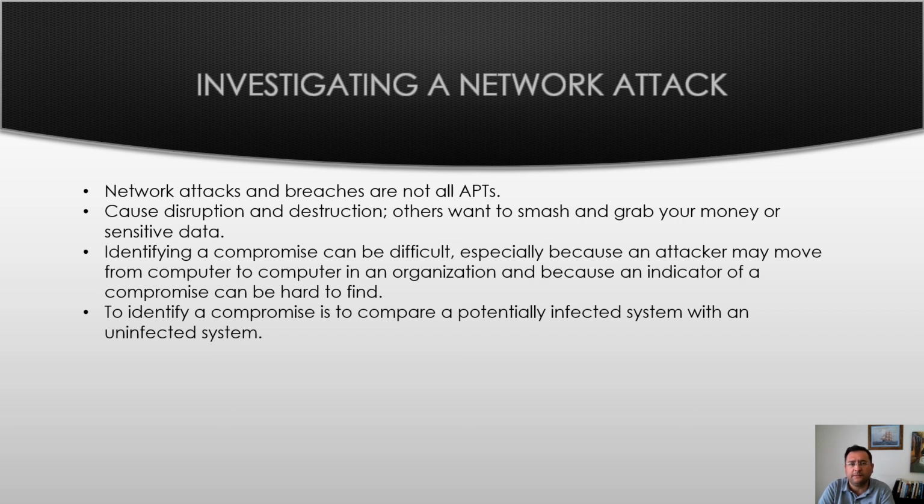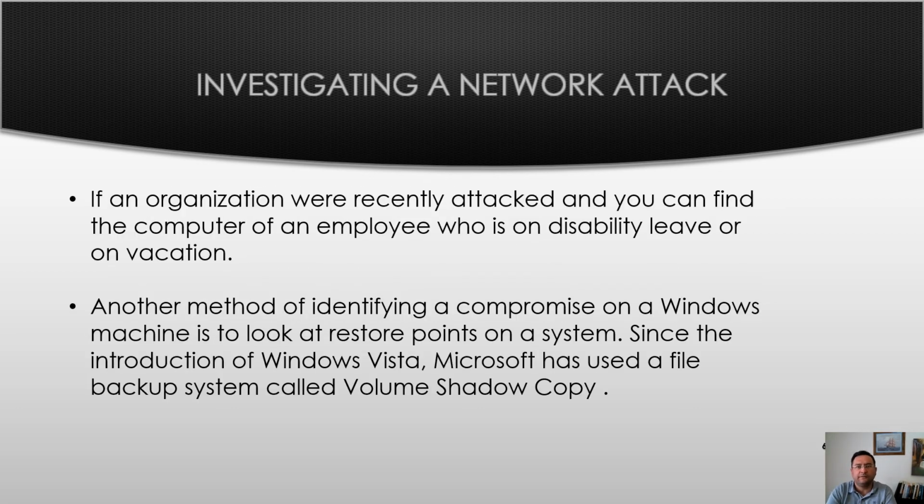Sometimes the most efficient way to identify a compromise is to compare a potentially infected system with an uninfected system. So if an organization was recently attacked and you can find the computer of an employee who is on disability leave or on vacation, that computer might not be infected and would make identifying the compromise a lot easier.